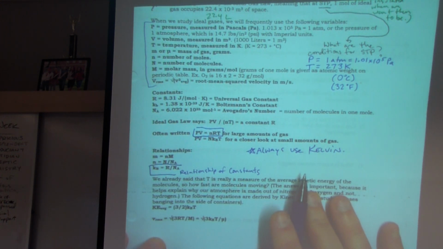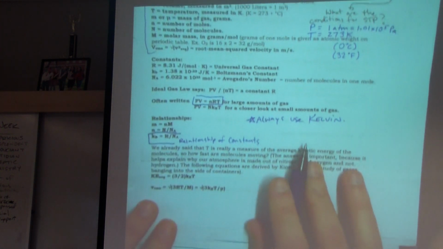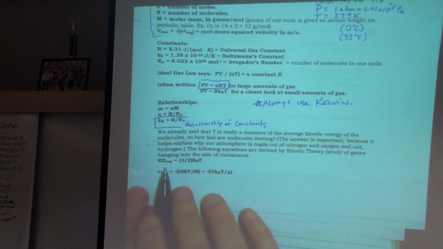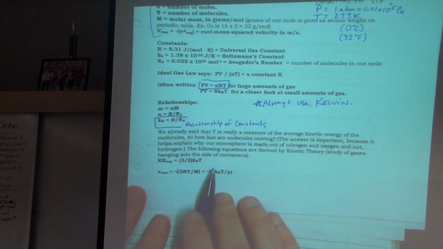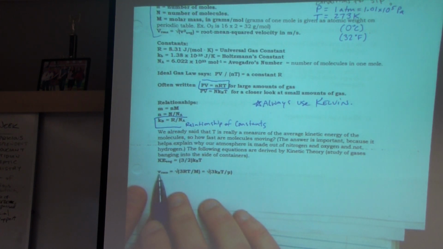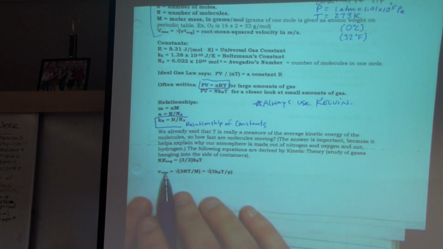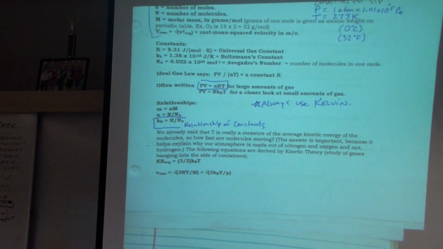Down here we talked a little bit about how temperature is directly proportional to kinetic energy. When you think about high temperature, think of it as a measure of how fast molecules are moving.